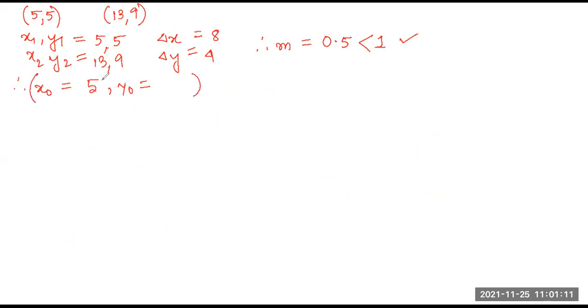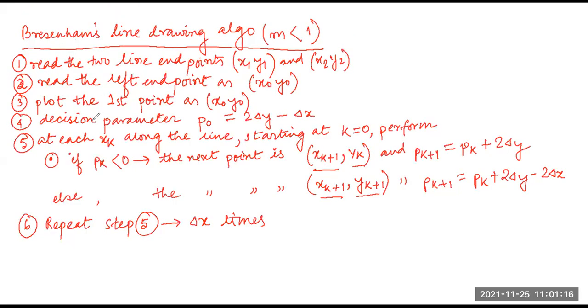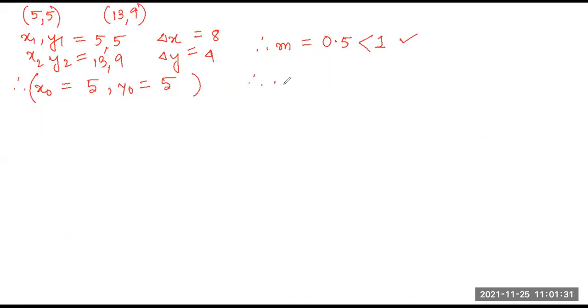What does the next step say? Calculate the decision parameter. P0 is equal to 2 del y minus del x. So what is the value? 0.